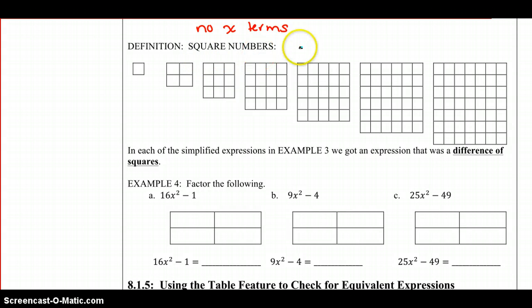Okay, so x is a square number if you can make a square given x number of blocks.